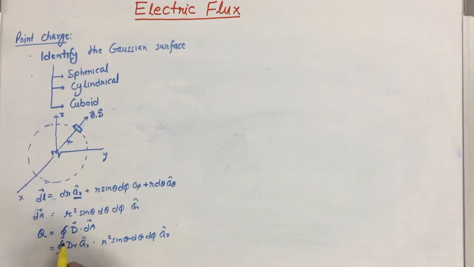So the area integral can be written as this with respect to theta and phi. We know that theta varies from 0 to pi and phi varies from 0 to 2 pi. These things we have already discussed.